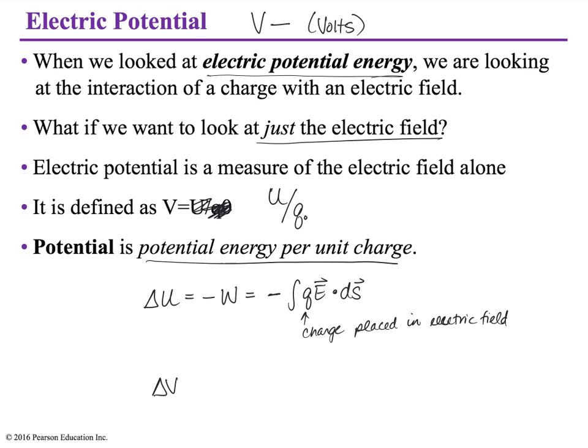The change in potential would be measured as the change in potential energy over Q, which would be equal to minus the work over Q, which could be expressed as minus E dot ds.